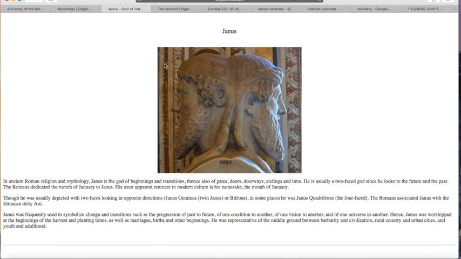Hence, Janus was worshipped at the beginnings of the harvest and planting times, as well as marriages, births, and other beginnings. He was representative of the middle ground between barbarity and civilization, ritual, country and urban cities, and youth and adulthood.